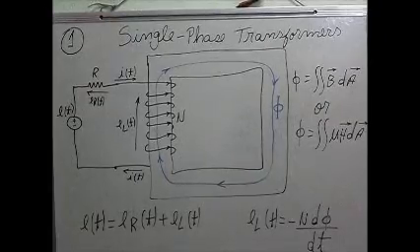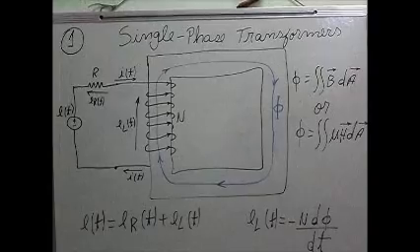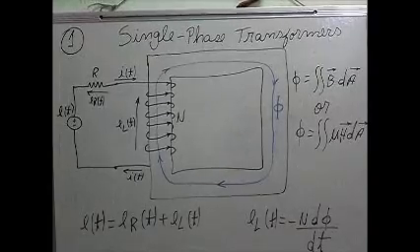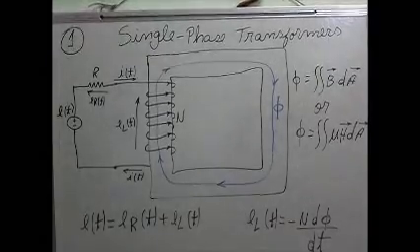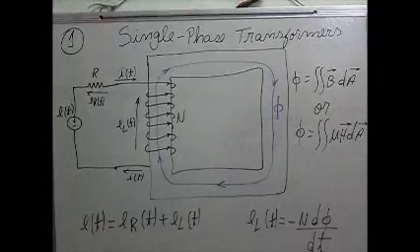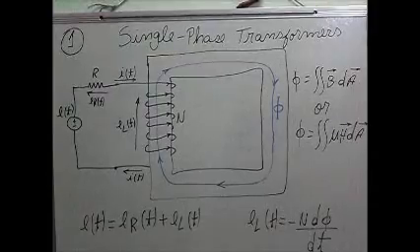So this is how this voltage builds up. It's proportional to the number of turns and d phi dt.